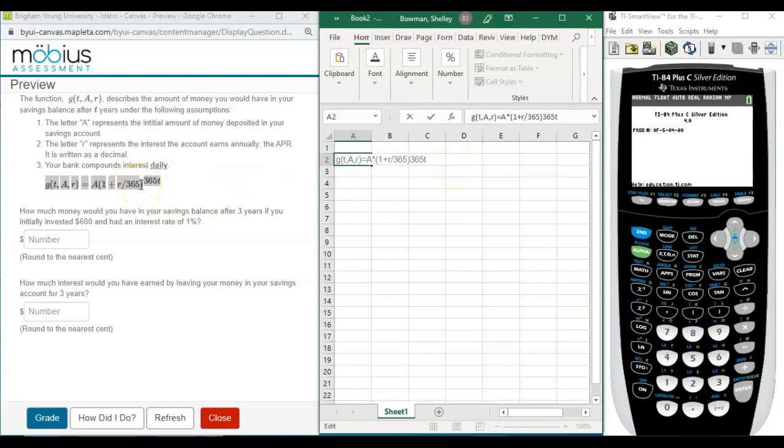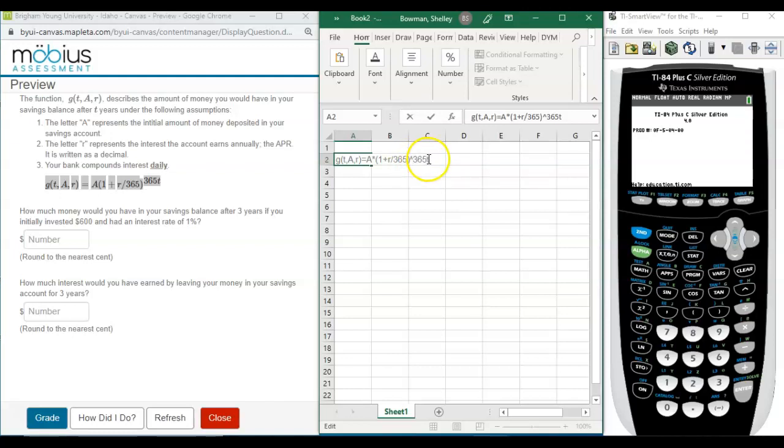So I'm going to do Shift 6 to give us the caret to show that that's going to be in the exponent. Now if I leave it like this, it'll raise this entire quantity, 1 plus R, all of that, to the 365.